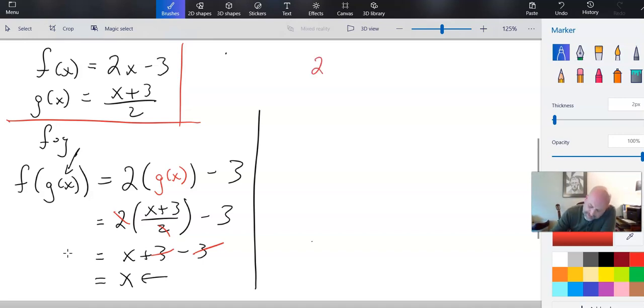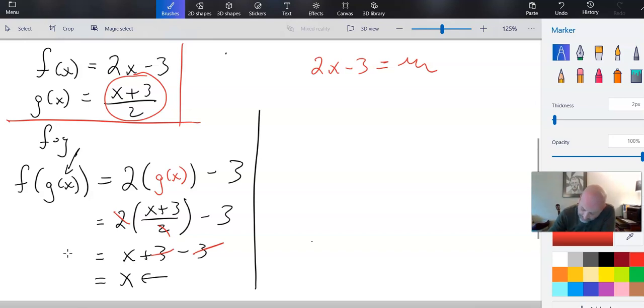Right, if 2x minus 3 is one side of an equation, and that just equals something, if I were to solve this, let's think about the steps you would take to get x by itself, right? I would add 3, and then I would divide by 2. Well, what does g do? When you have an input, it adds 3 to the input and then divides it by 2, right? And so that function actually is all of the steps it takes to solve that particular equation.